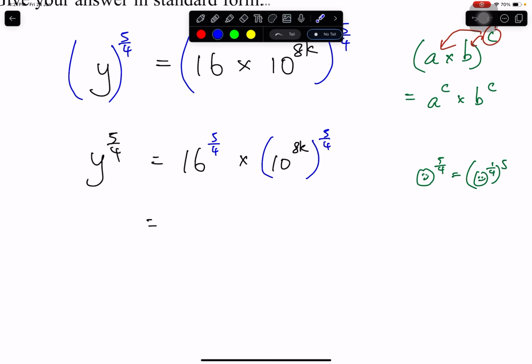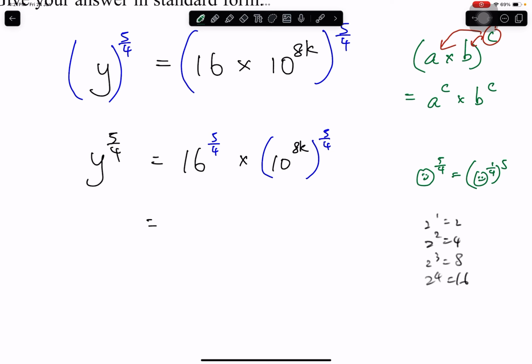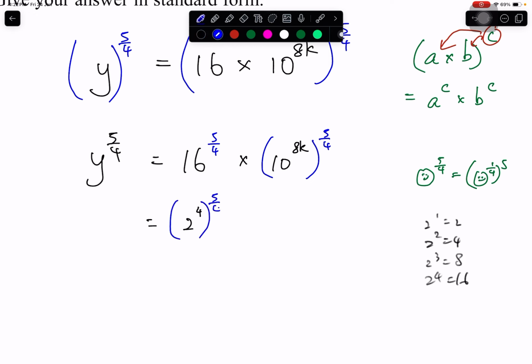So 2 to the power of 1 is a 2, 2 to the power of 2 is a 4, 2 to the power of 3 is a 8, 2 to the power of 4 is a 16. So we're going to rewrite this 16 as 2 to the power of 4 and then to the power of 5 over 4.